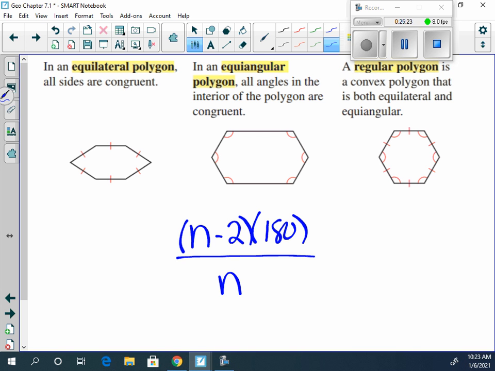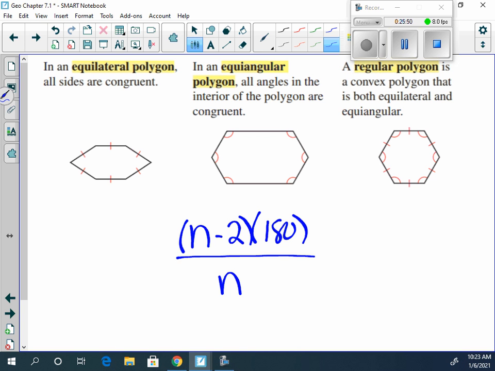Because in a triangle, we know the sum of the interior angles is 180, yes? And we went over this last semester, but if it's equiangular, we knew all three angles inside of it had to be what? 60, right? Because we did x plus x plus x is equal to 180, said they're all the same, solved and found x is equal to 60. So looking at n minus 2 times 180, the sum of the interior angles for a triangle is 180.